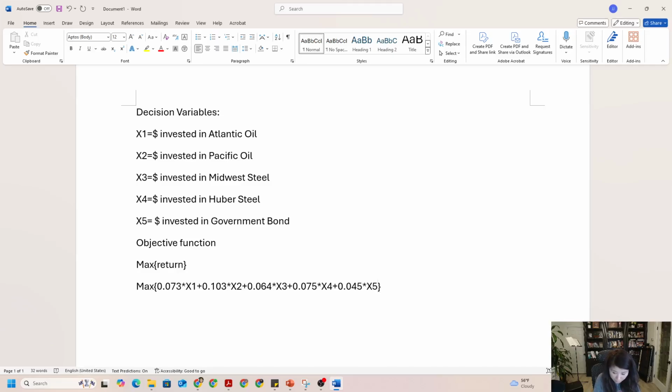So we have the following representing the return of this whole portfolio I plan to invest. So this is my objective function, okay?